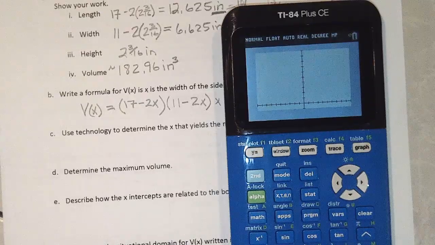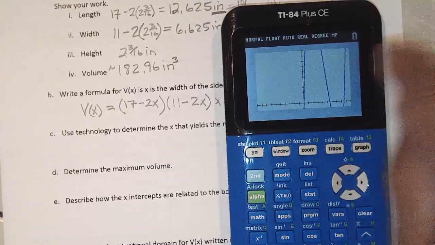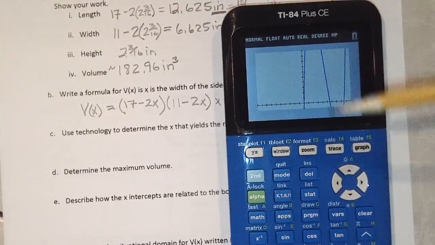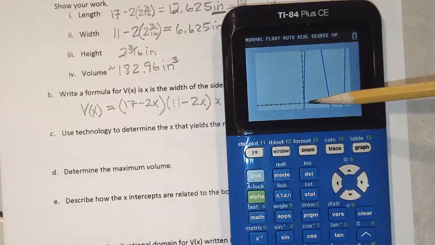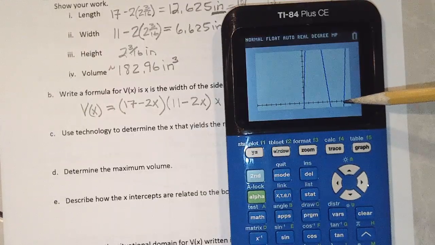If I push graph, I'll see it go up, clear off the screen, and come down. As we talked about in class, it goes up and down. It has an x-intercept here, x-intercept there, and one over there.